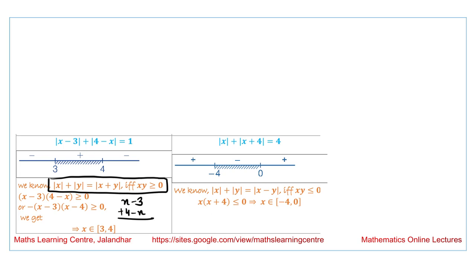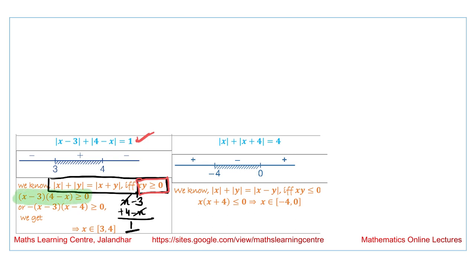The sum of these two, the x and x get cancelled, is equal to 1 if and only if x into y is greater than or equal to 0. So this will have a solution if x into y is greater than or equal to 0.